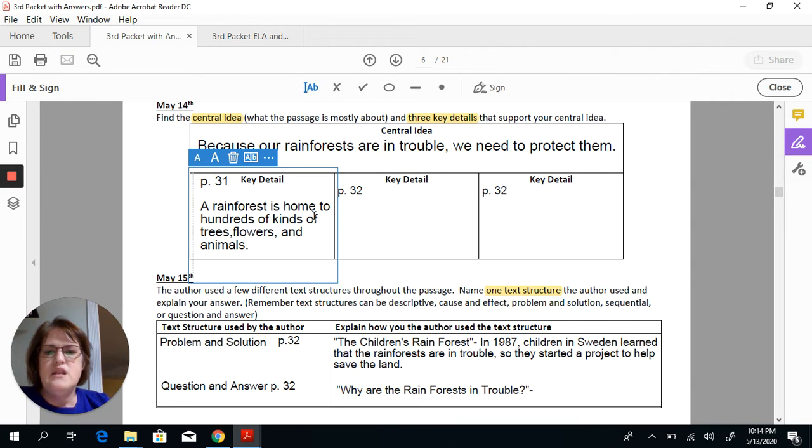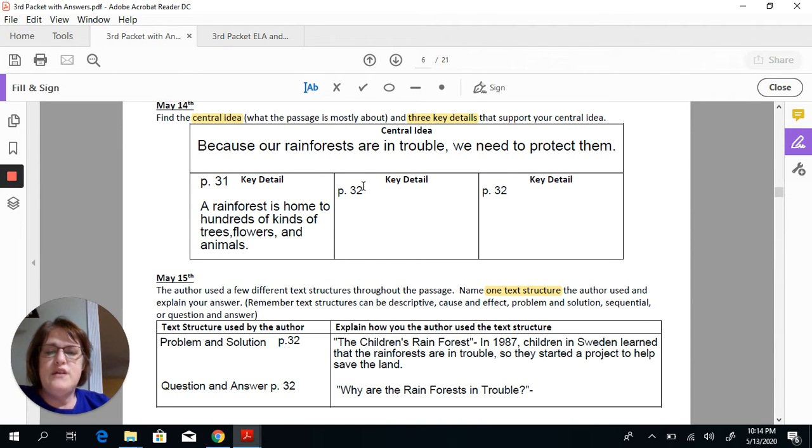Okay. All right, so I chose this detail, boys and girls, because it goes with why our rainforests are important. Okay, so we need to know that we need to protect them because they are home to many kinds of trees, flowers, and animals. Or we could have even just put plants and animals.